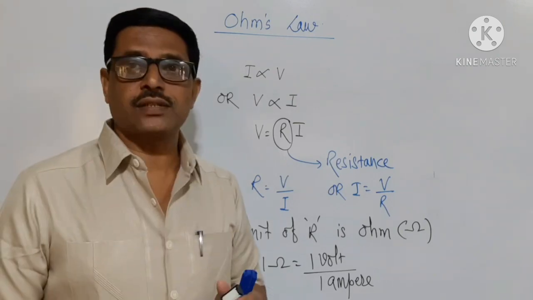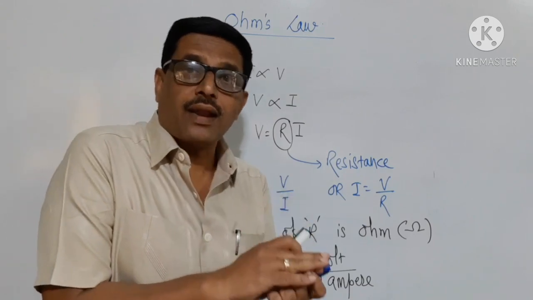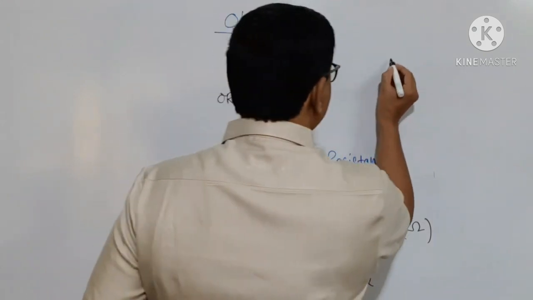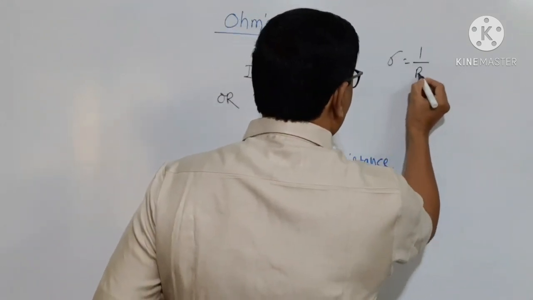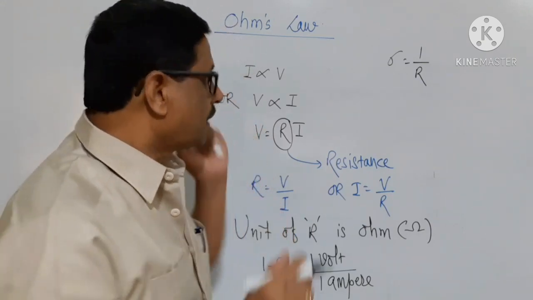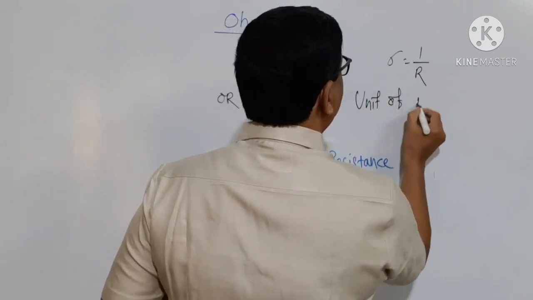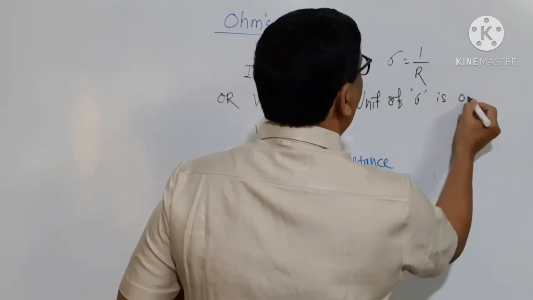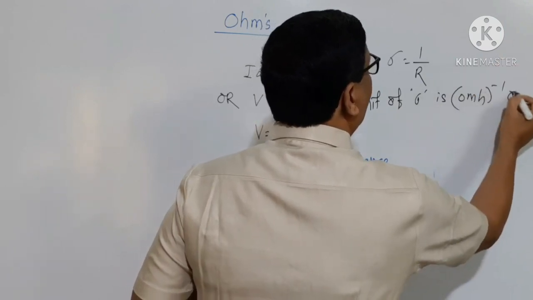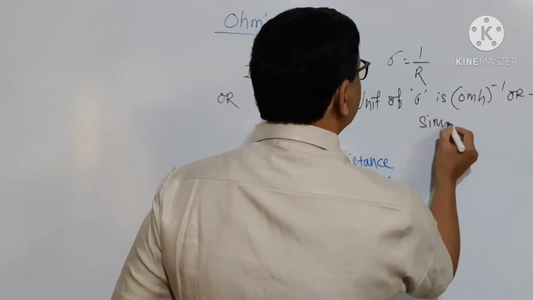The resistance and the conductance are reciprocal of each other. The conductance is the reciprocal of resistance. Therefore, the unit of conductance is Ohm inverse, or it is written as Siemens.